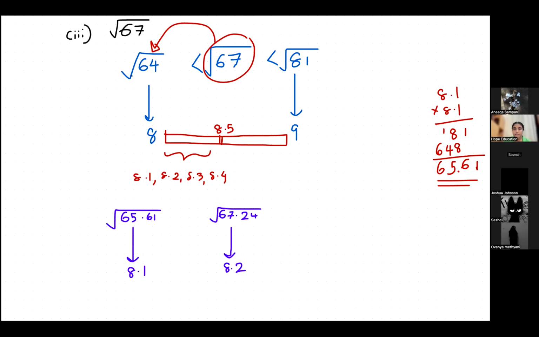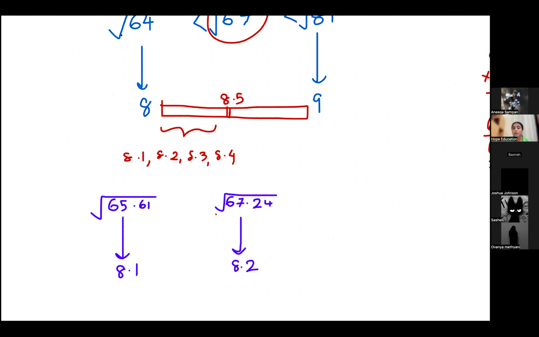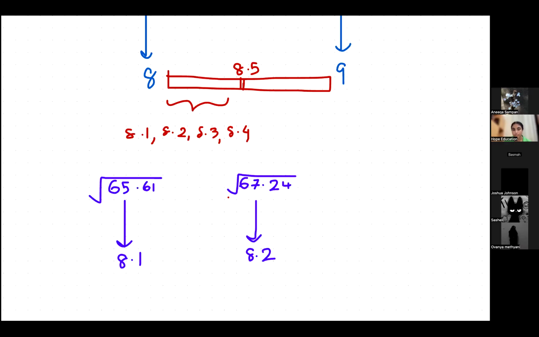Now look, 67 is between 65.61 and 67.24. 67 is somewhere here. Tell me, is 67 closer to 65.61 or 67.24? 67.24. Others? 67.24.